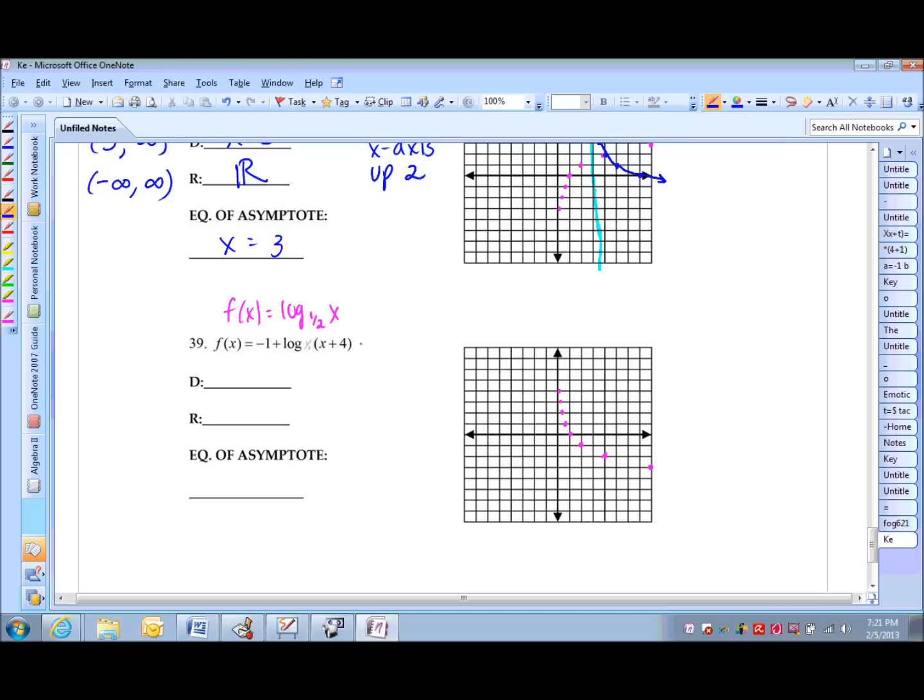And the transformations we're applying, left, right first. This tells me we're moving left 4. And this positive in front of the log means we're not reflecting anywhere. We're good to go. And this minus 1 tells me I'm moving down 1. Okay, so I take each point, move it left 4, down 1.